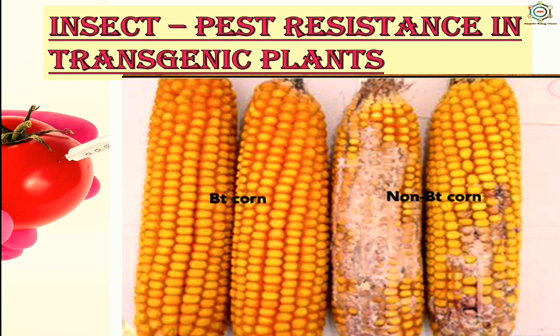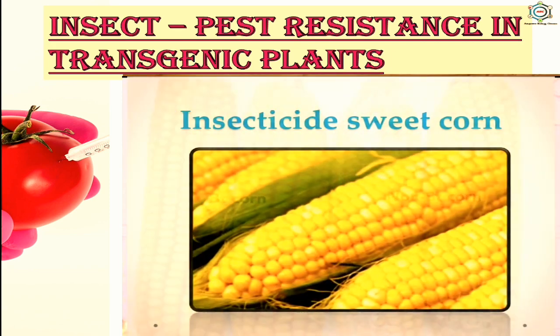Then the DNA introduced produces both sense and antisense RNA in the host cells. The sense and antisense RNA are complementary to each other, so they form a double-stranded RNA. This double-stranded RNA initiates RNA interference and finally silences the specific mRNA of the nematode. The transgenic tobacco plants have now become nematode resistant and prevent the parasitic attack of nematode.